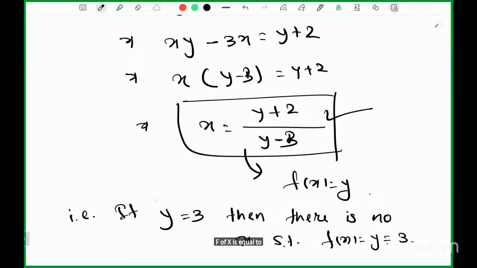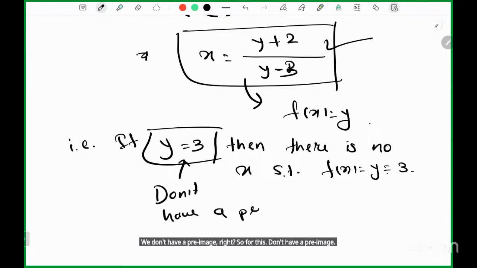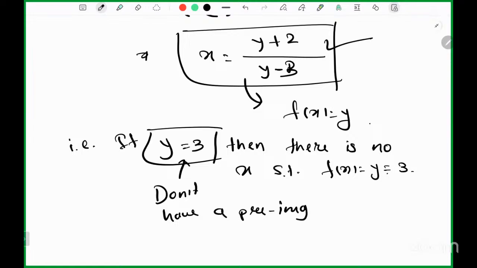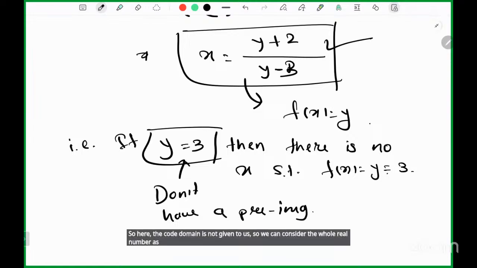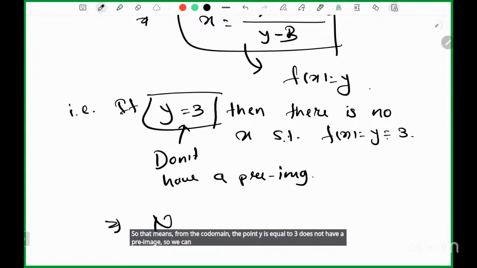So for y equal to 3, we don't have a pre-image. Here the codomain is not given to us, so we can consider the whole real numbers as our codomain. That means from the codomain, the point y equal to 3 does not have a pre-image. So we can say that it's not an onto function.